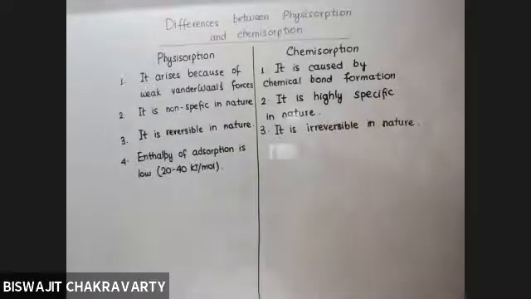Last class we discussed that whenever adsorption occurs and the adsorbate comes on the surface of the adsorbent, during this process some energy is released. When the amount of adsorbate adsorbed is 1 mole, whatever amount of energy is released is called enthalpy of adsorption. So why is the enthalpy of adsorption low for Physisorption? Because it is a weak bond, and weak bonding will obviously result in a much lesser amount of energy.